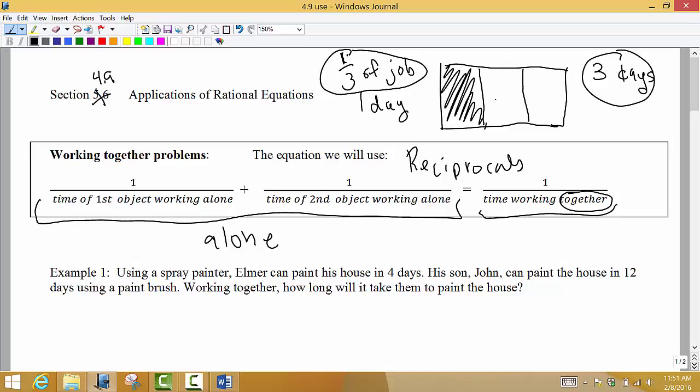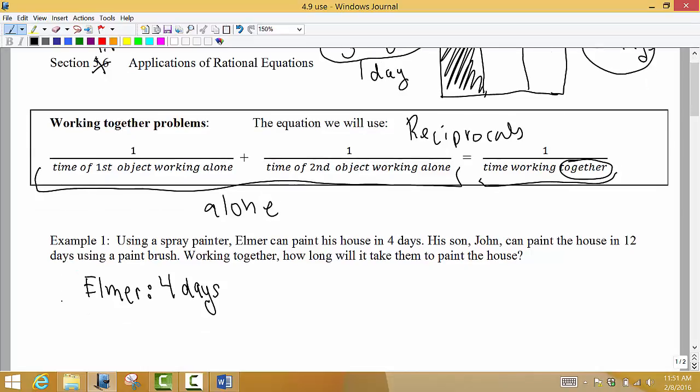So in the first problem, for example, we're looking at two people that are painting a home. It says Elmer can paint his house in 4 days. So I'm going to write down Elmer, and we're going to write down the time that it takes him working alone. This is his alone time. If he's painting alone, he can do the entire job in 4 days. If John is working completely alone, John can actually do the whole job in 12 days.